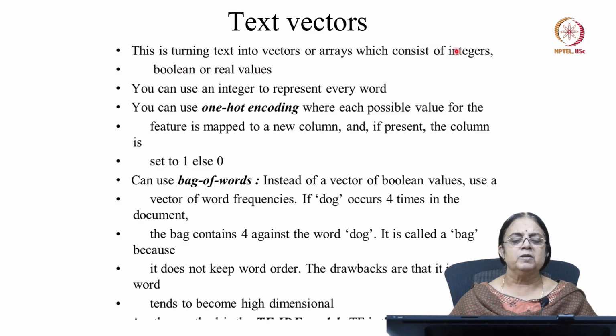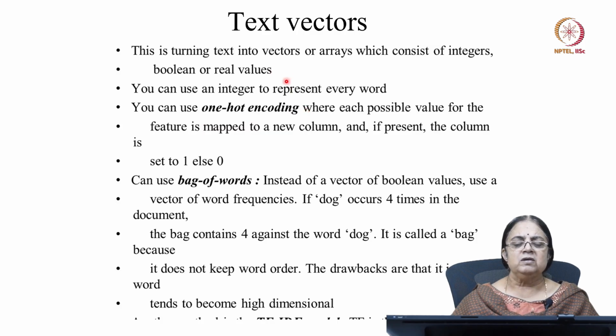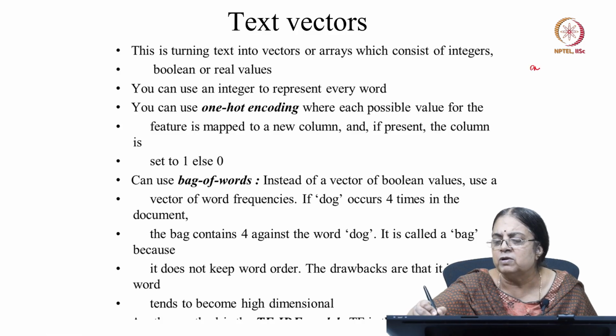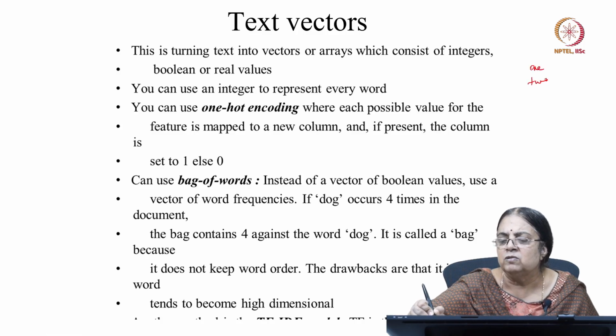You can also use what is called a one-hot encoding. For example, if you have only a few words which you need to represent, suppose I have 4 words, say 1, 2, 3, 4, which I need to represent.